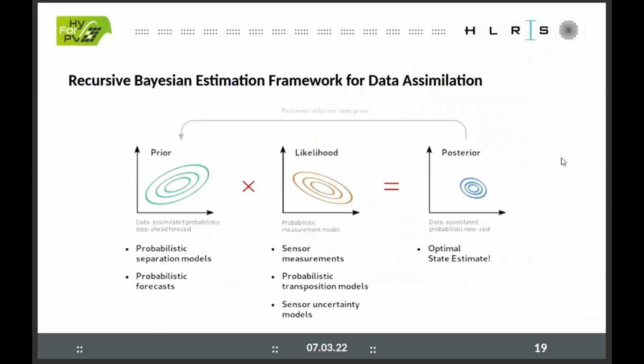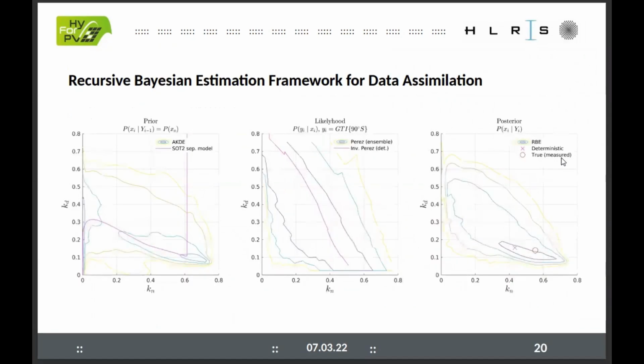And about this model, there's a lot of work to do. Probabilistic separation models and transposition models are not common, so they have to be developed and validated. And most importantly, right now, we are using this two variable state vector, just diffuse and direct.